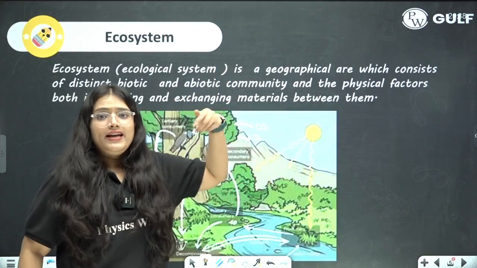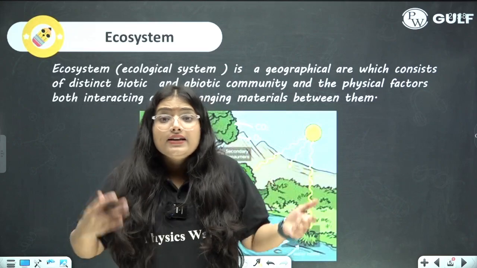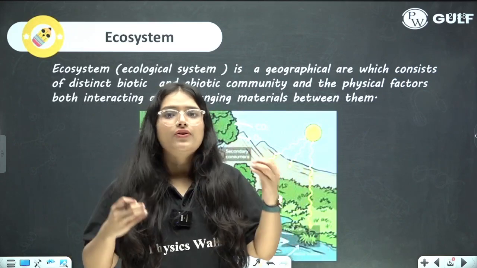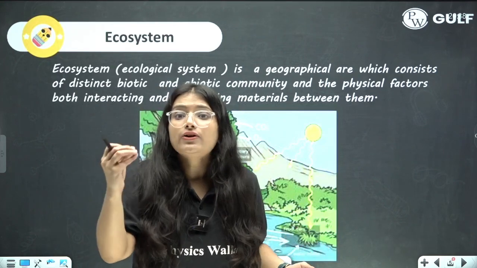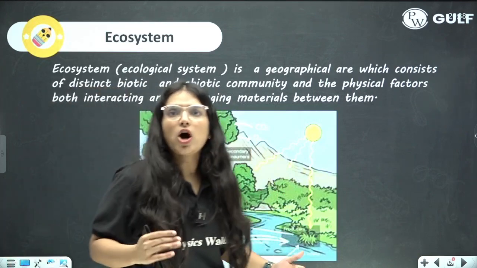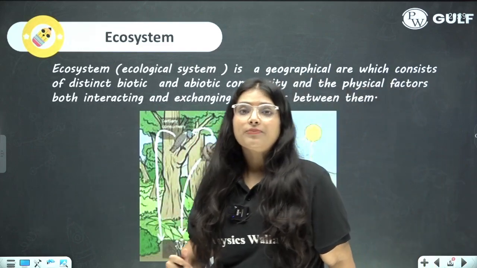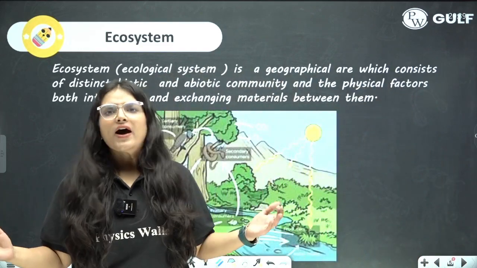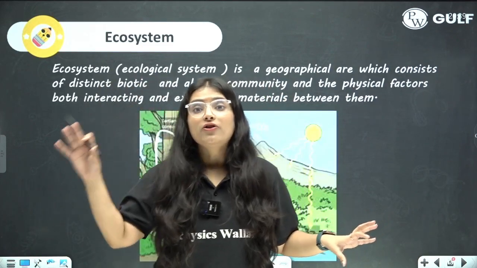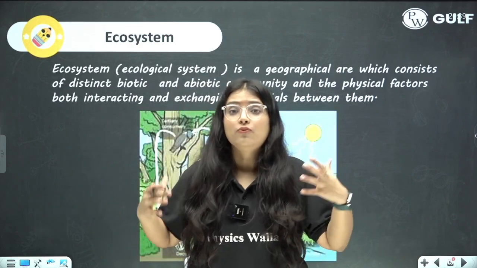For example, even a glass of your tap water is in itself an ecosystem, because tap water consists of a lot of impurities that also include microorganisms. Suppose you're walking and you see a fresh pond. The pond is also an ecosystem. When you go to jungle safaris, you will see a lot of animals, a lot of plants, many rocks and water bodies.